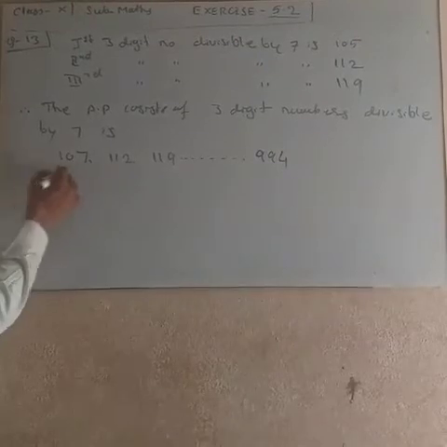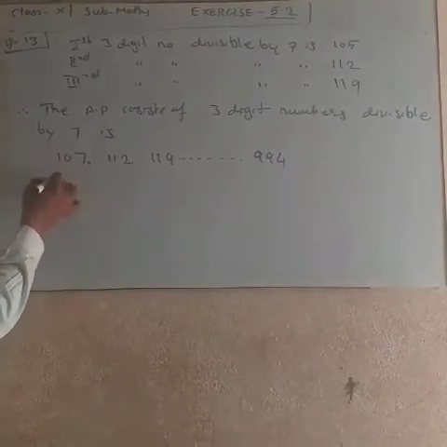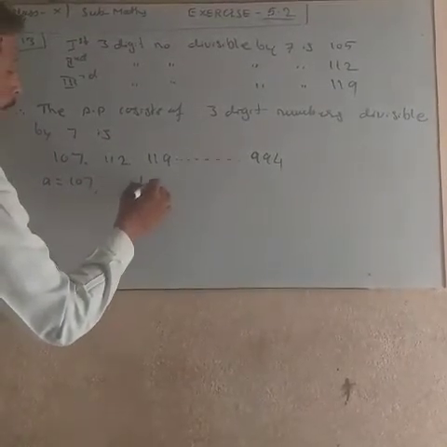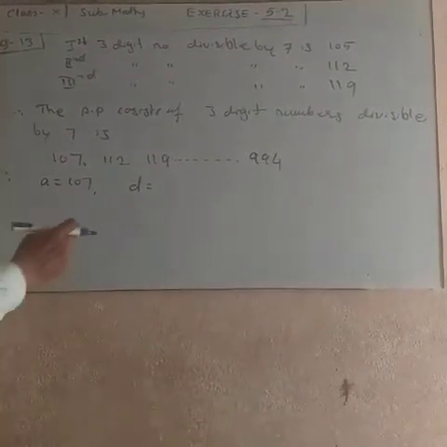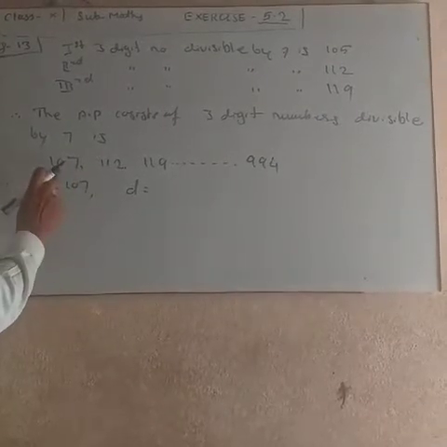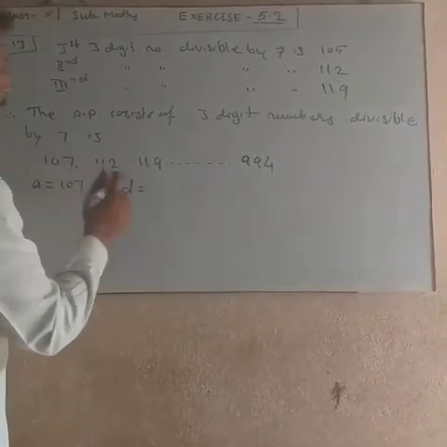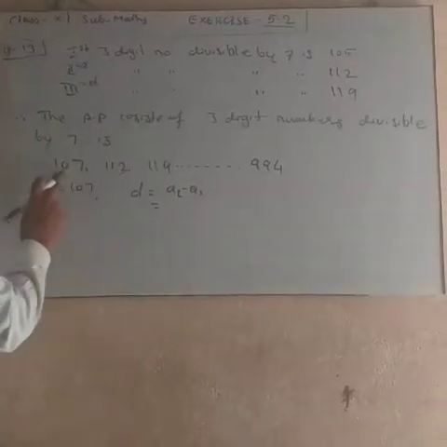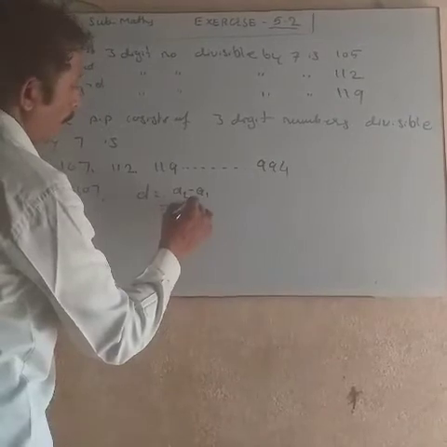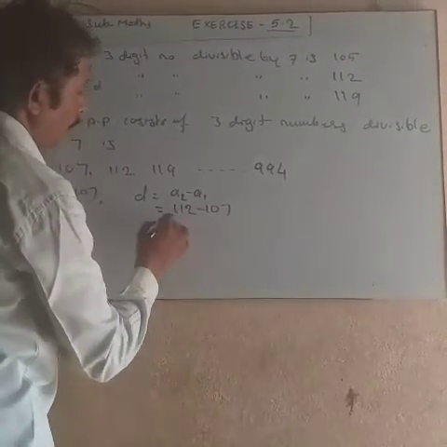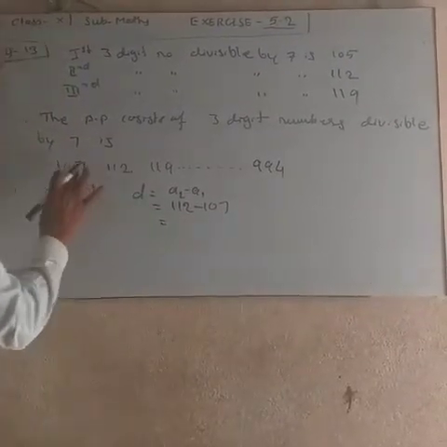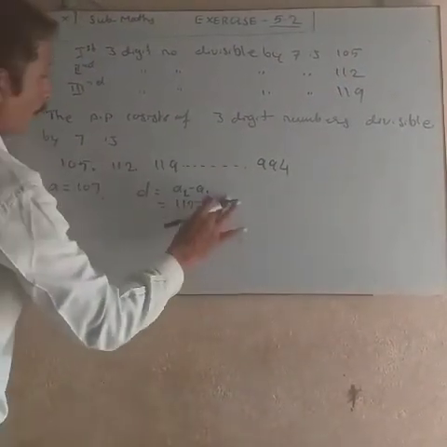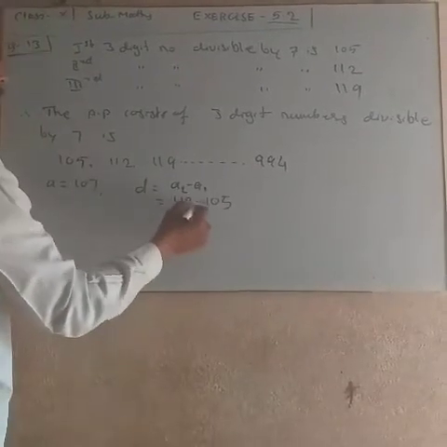Therefore, A is the first term. Then D is the common difference. Common difference is obtained by A2 minus A1, that is 112 minus 105, sorry, the first term is 105.